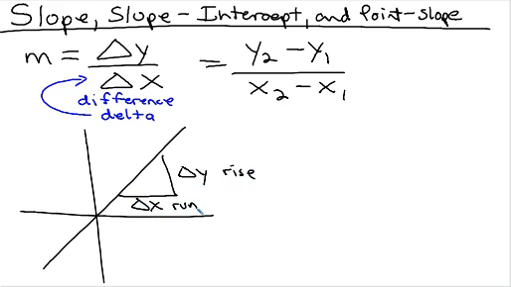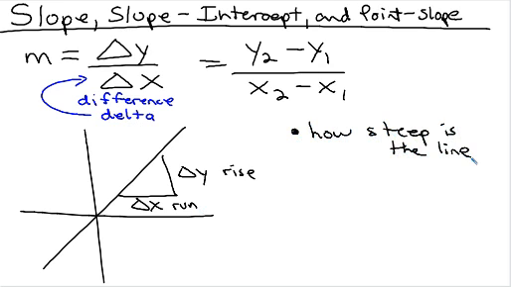In other words, it's telling me how steep the line is. I'm going to give you several key bullets over here. How steep is the line? Slope helps me answer that question.